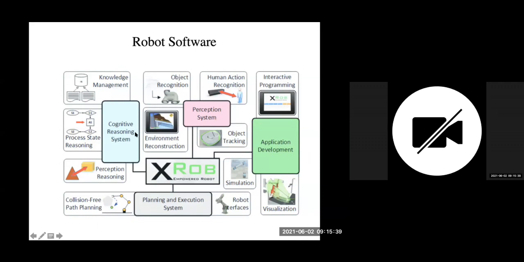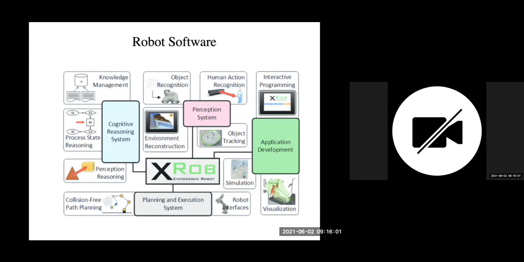For example, in the perception system, we have object detection, which means you can detect objects, and also human action recognition. If humans interact with the robot, we want to detect what kind of action the human provides. For example, you can use a hand gesture to tell the robot to move left and right, up and down.